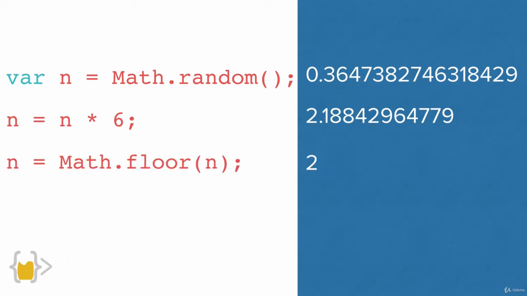Next, we take that number and we perform Math.floor. So you can see here from our functions knowledge, we know that n in this case is being used as an input to this function floor, which essentially rounds it down to the nearest whole number. In this case, it would be 2. And now we have a number that we can work with and we can give back to the user.